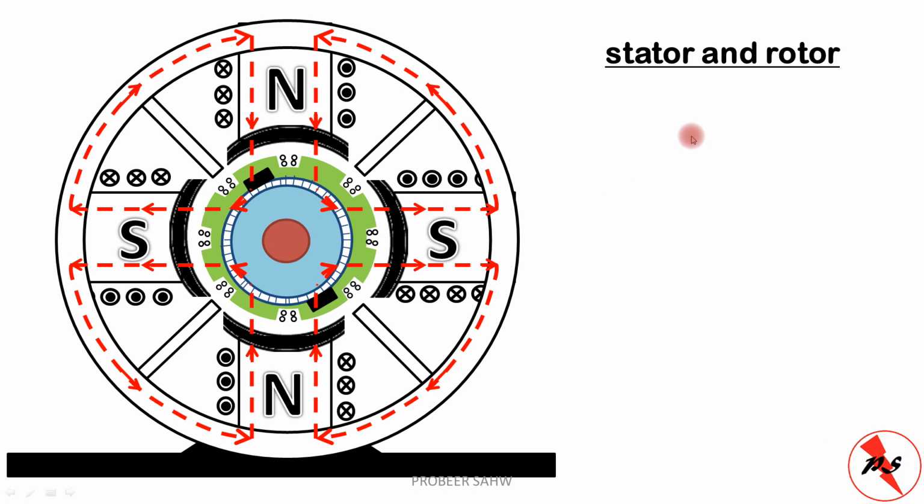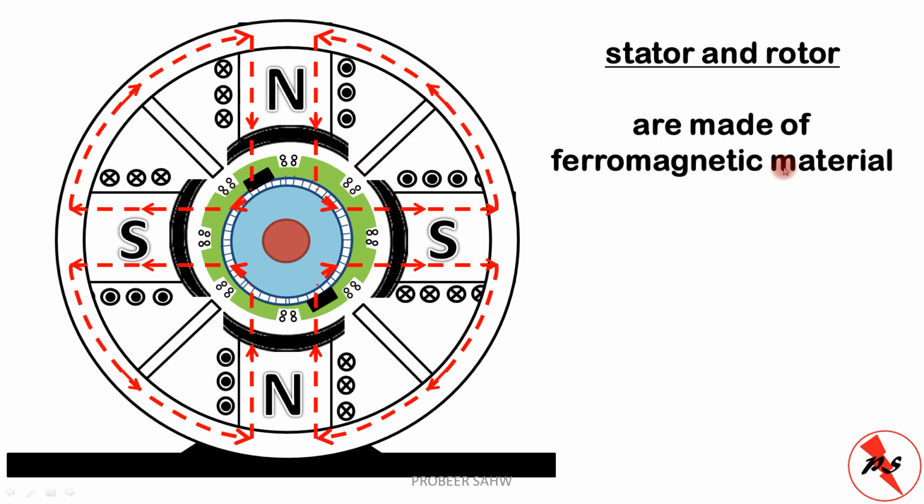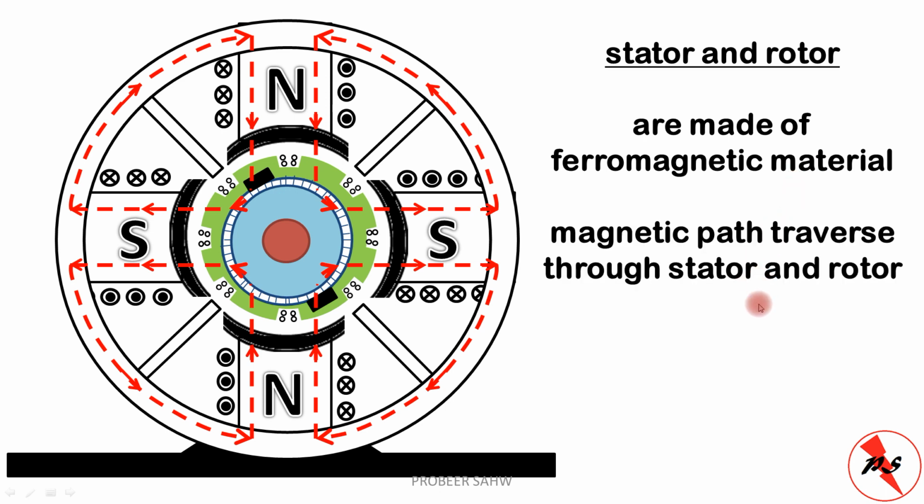Now we must understand that to provide minimum reluctance to these field lines, the stator and rotor are made of ferromagnetic material. All of the stator and rotor are part of the magnetic circuit, therefore these are made of ferromagnetic material. The ferromagnetic material used for production of the stator and rotor is silicon grade steel.